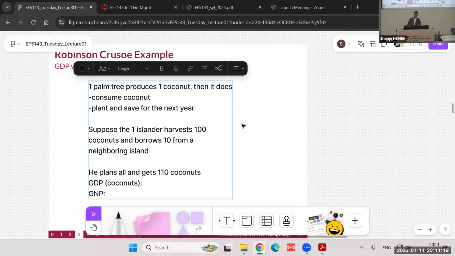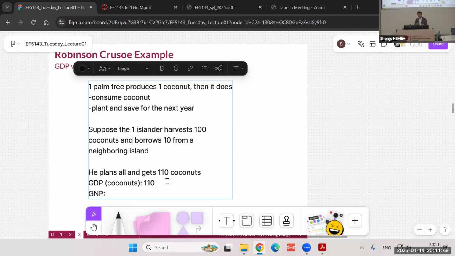So I think GDP is quite obvious, right? GDP is production within the boundaries of the nation. The nation is defined by the water around it. So if it produced 110, then GDP should be 110, right? But GNP, not all of the output or income generated belongs to the islander.